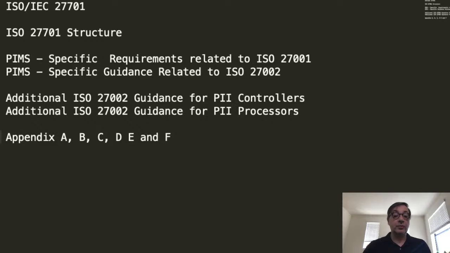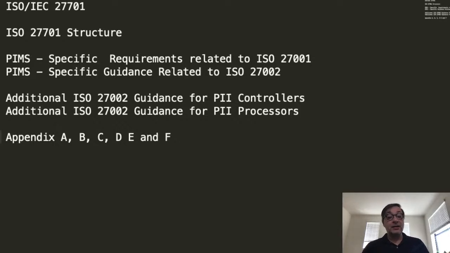So all the control objectives and controls should be considered in the context of both risks to information security as well as risks to privacy related to the processing of PII, unless otherwise stated by specific provisions or determined by the organization according to the applicable jurisdictions. The same guidance applies for PII controllers and PII processors.